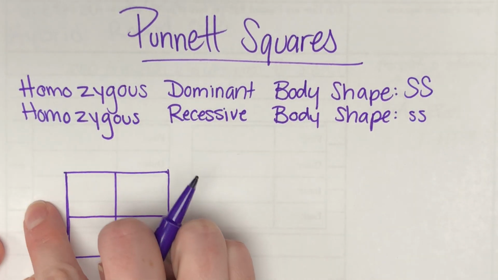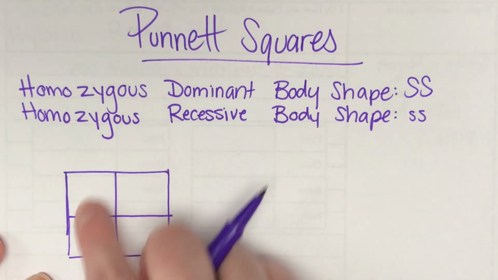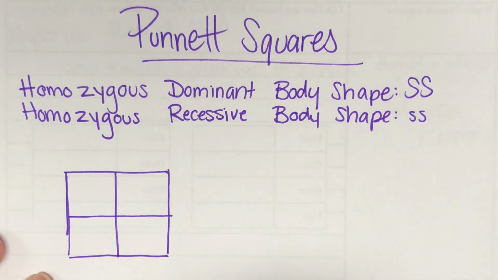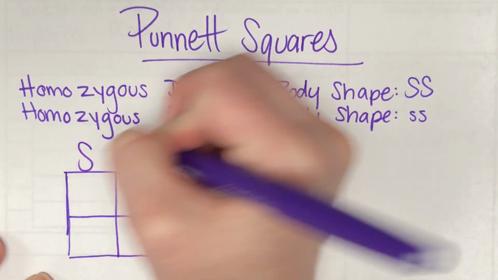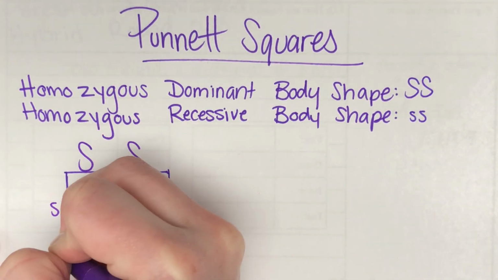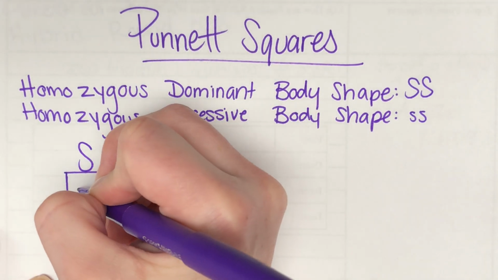One parent on top, one on the side. It doesn't matter which one. If you did it the opposite, it just might not match mine exactly. But as long as the ratio of what you have in the box is correct, that's all that matters. So I'm going to put a big S here and a big S there, a little s there, and a little s there. Bring these down, these across.